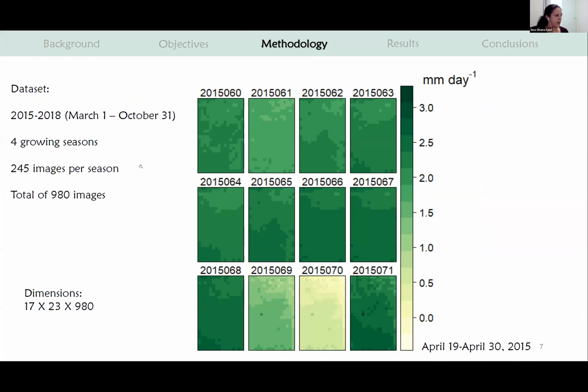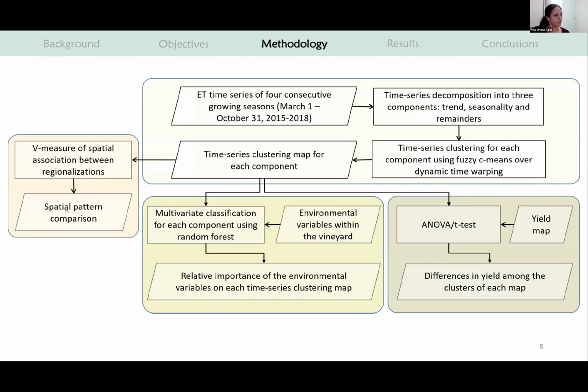The data set that I had access to from Kyle was for 4 growing seasons between 2015 and 2018, and we decided to focus on the images that characterized the growing season, from March to October. So it's a total of 245 images per season, and with 4 seasons, it's 980 images in total.